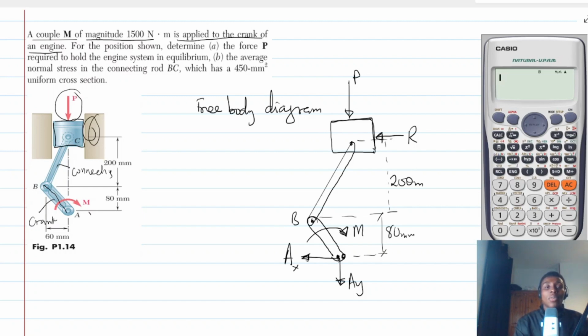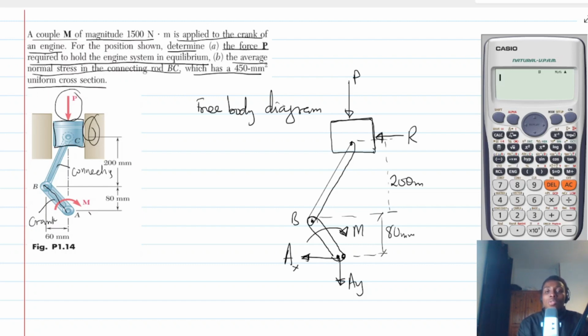But from the question, we're asked to determine the force P required to hold the engine system in equilibrium, and then the average normal stress in the connecting rod BC, which has a 450 millimeter squared uniform cross section.